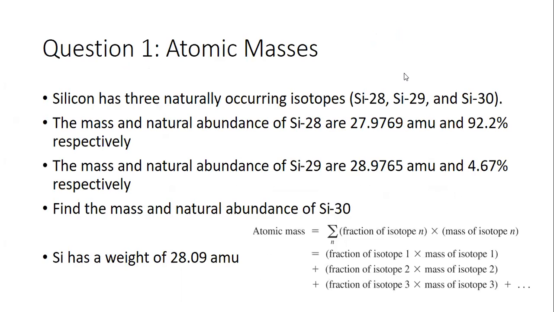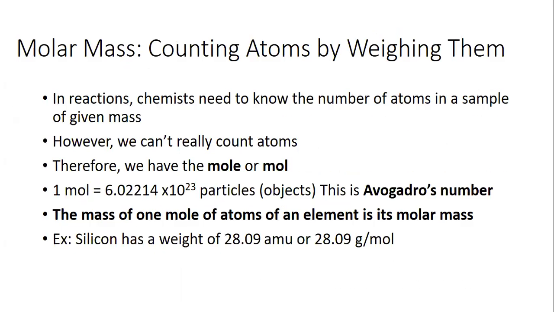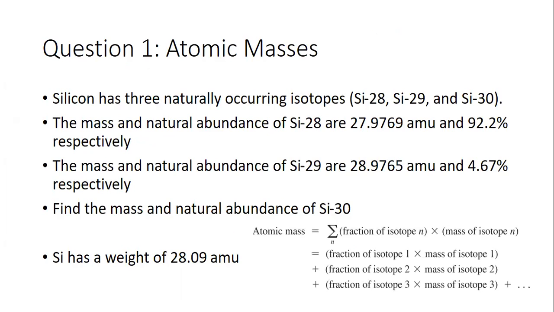So it's one thing to watch me do it. It's another thing to actually try and do it. So, based on the example I just worked out, we have this question. I want you to try and find this. Silicon has 3 isotopes: silicon 28, silicon 29, and silicon 30.